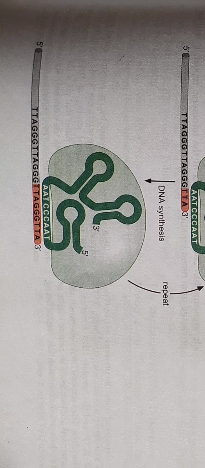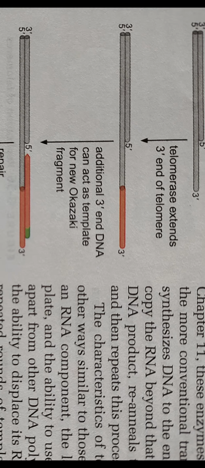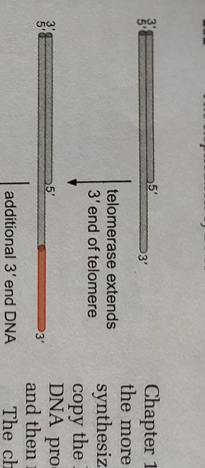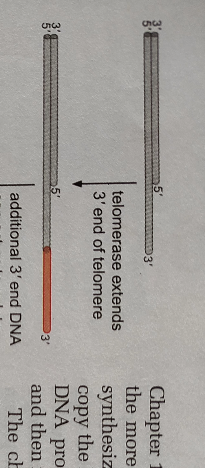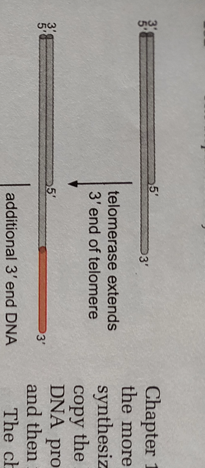Okay, now how is the gap filled? So here you can see the telomerase extends the 3' end of your telomere, where you can see above the gap is still there. Addition of 3' end DNA now acts as a template for a new Okazaki fragment. So you have to see it carefully here.